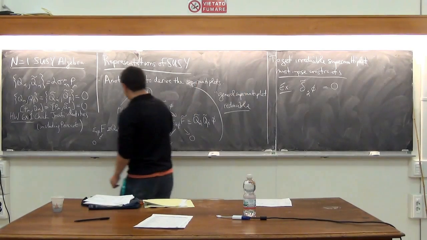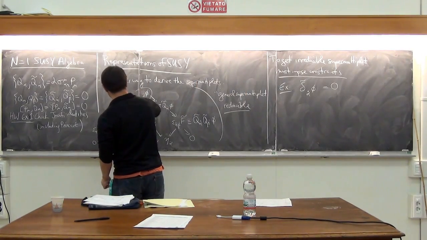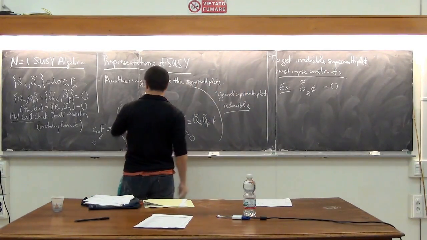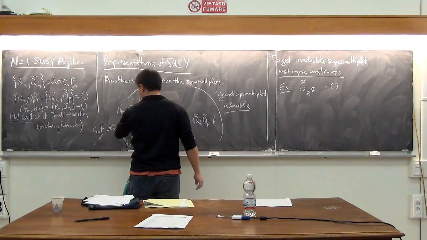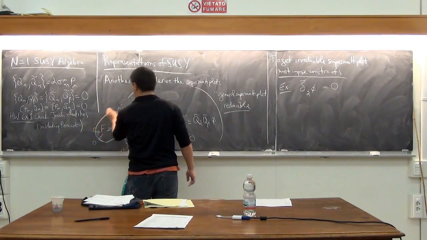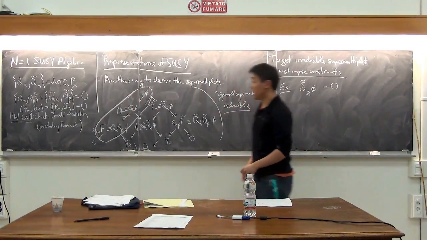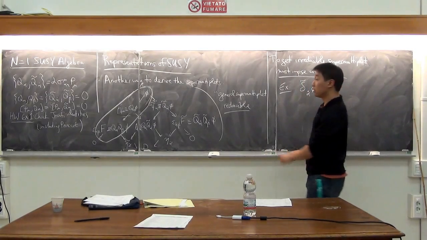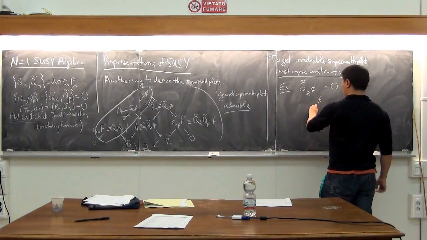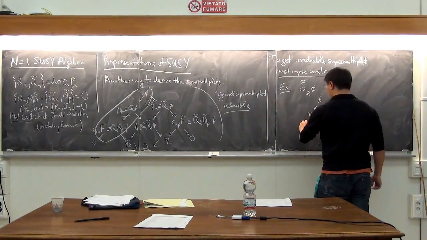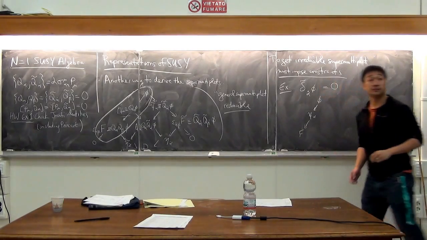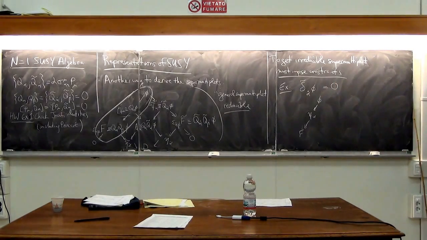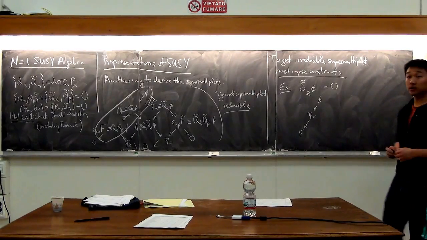Okay, so if I declare that phi is annihilated by all right-handed supercharges, I end up with just this part of my diamond. Okay, so I have phi, psi alpha, and F. Now, this is also puzzling, right?